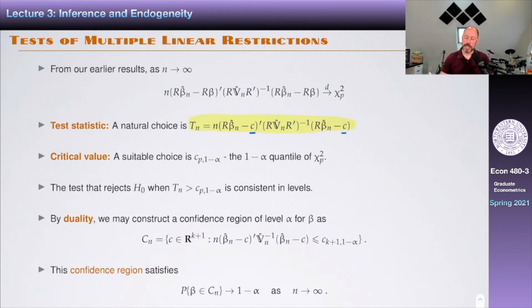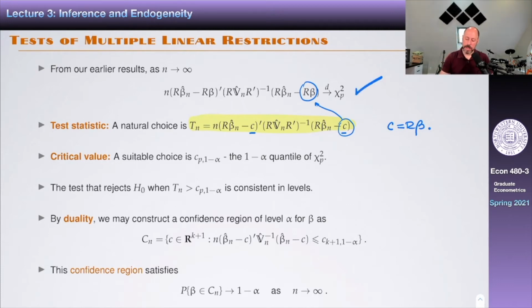So we can say, however, that this is going to work under the null, when C is equal to R beta, because then we replace this C with R beta, and we can use the result at the top. That's why we always write under the null hypothesis, which means when C is actually equal to R beta, and then we can use the result that we have, which is this one here at the top.